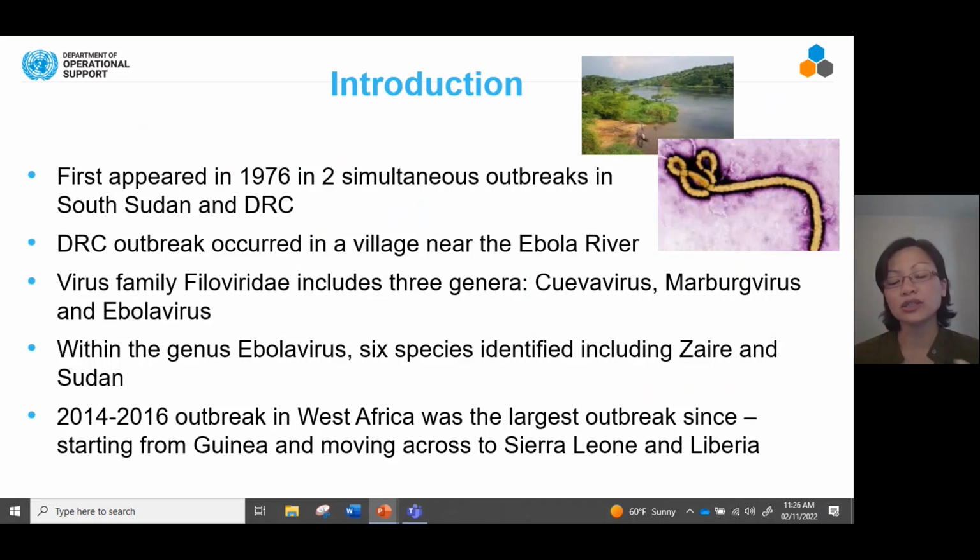And within the genus of Ebola virus, there are actually 6 different species. And you would have heard of Zaire species, which affected West Africa in 2014. And then now we have the Sudan species that's occurring in Uganda. The 2014 to 2016 outbreak in West Africa was really the largest outbreak of Ebola.